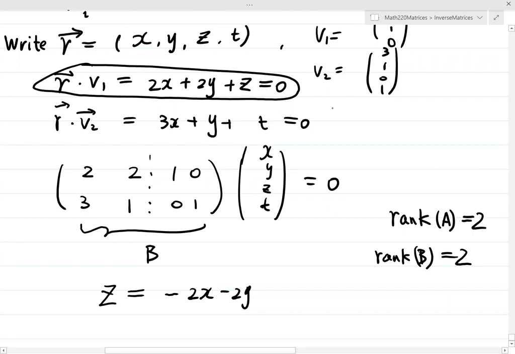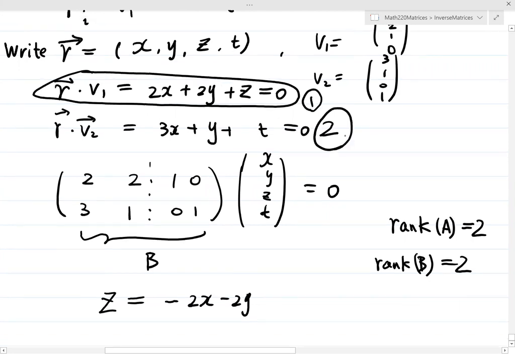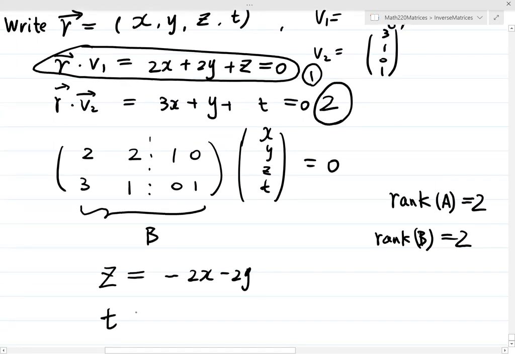And from equation 2, we can also solve t. So we choose x and y as free variables.